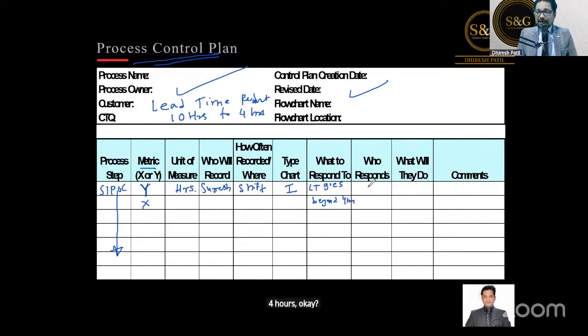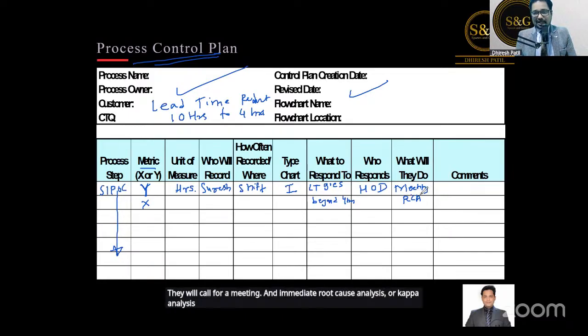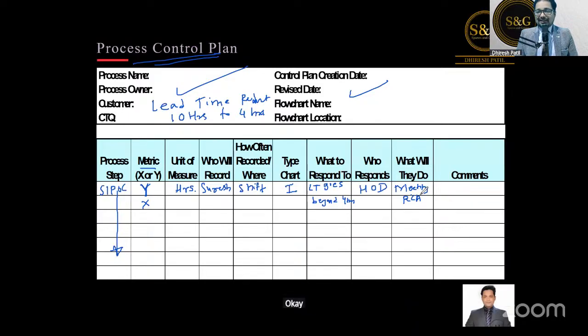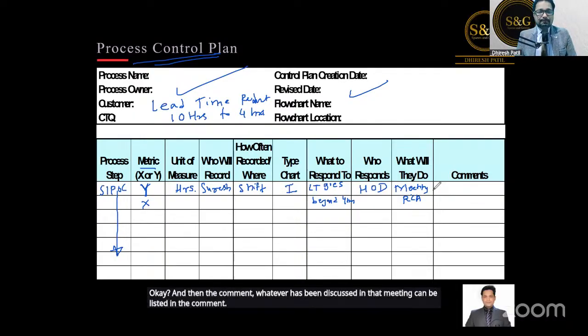Who responds? The HOD will respond. What will they do? They will call for a meeting and do immediate root cause analysis, or CAPA analysis, corrective and preventive action analysis. Okay. And then whatever has been discussed in that meeting can be listed in the comments. Are you clear?